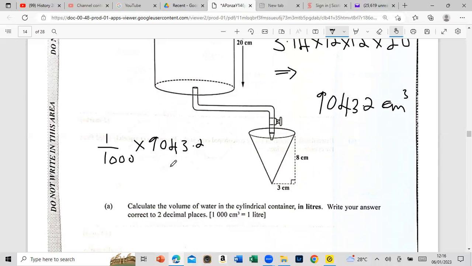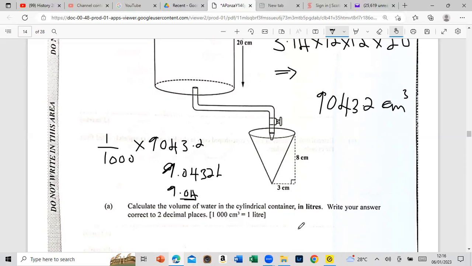So that works out to 9.0432, and this is liters. So to 1 decimal place, it would be 9.0. All right, so that will be the answer for this one.